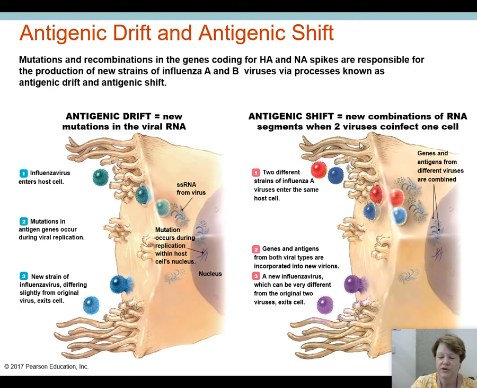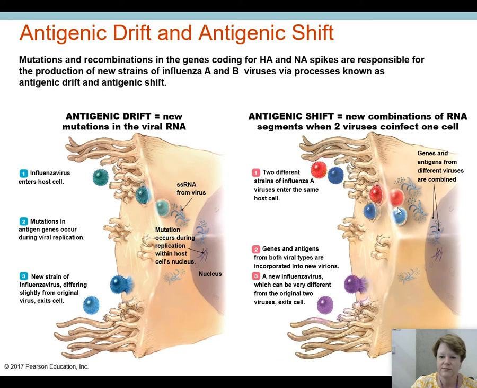Antigenic shift requires, in order to happen, you would have to have two strains, two different viruses that each have their own versions of H and N. And they co-infect, meaning they both infect the same host and really some of the same cells within the host.